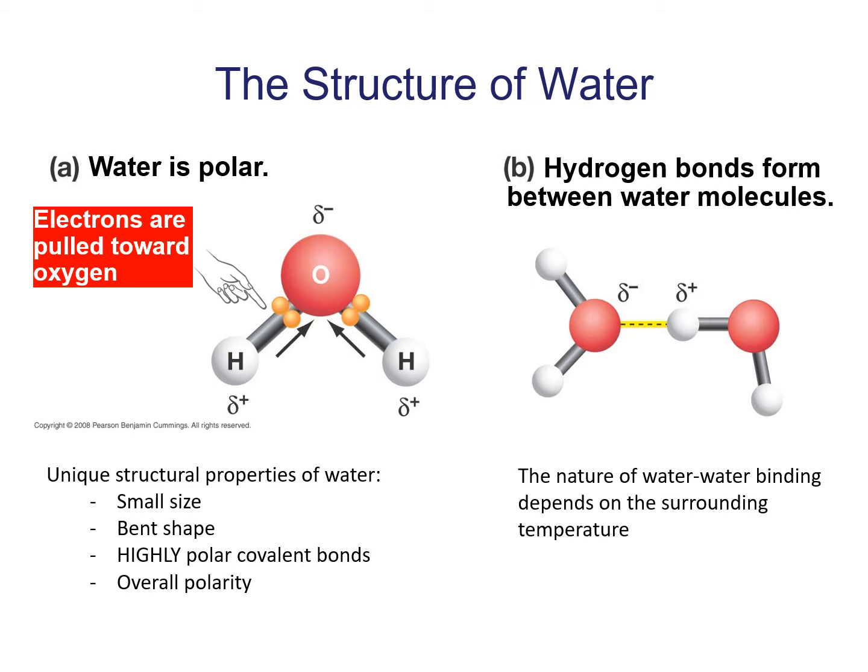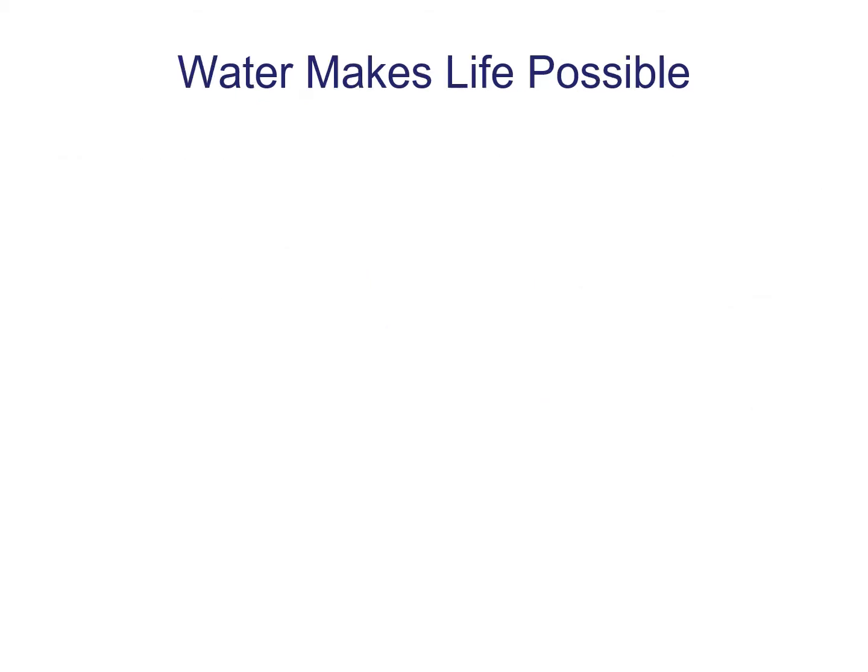And I won't spend much more time on this because we've talked about it ad nauseum already, but just remember that water has a dipole to it, and that's due to the fact that oxygen has such a high electronegativity. And that dipole gives water some really unusual features. In fact, water makes life possible.